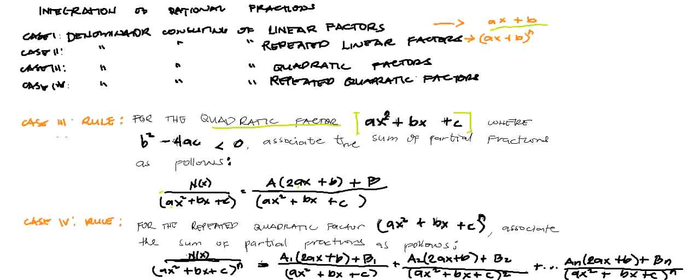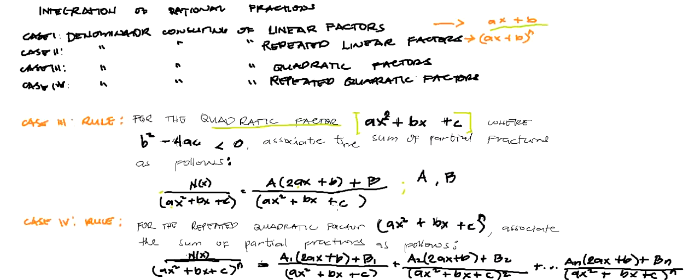So for our case 3 we need to determine the values for constants A and B, and the denominator will be this one, ax squared plus bx plus c.